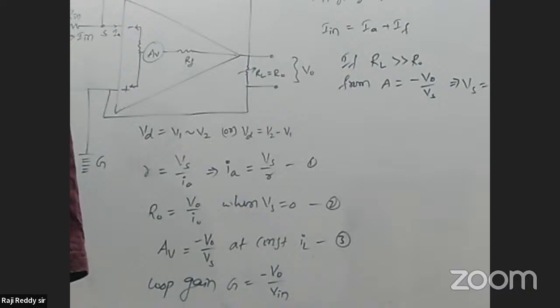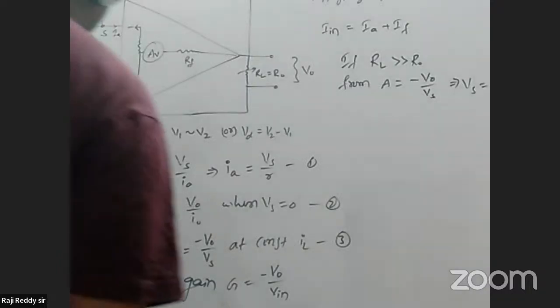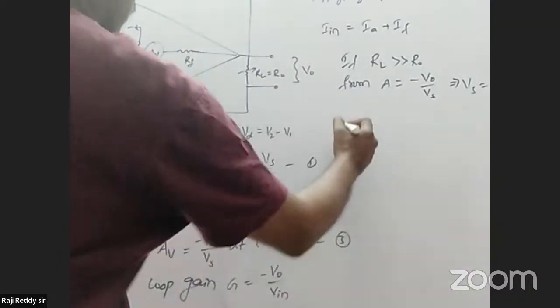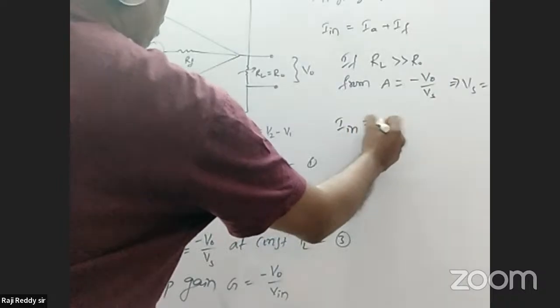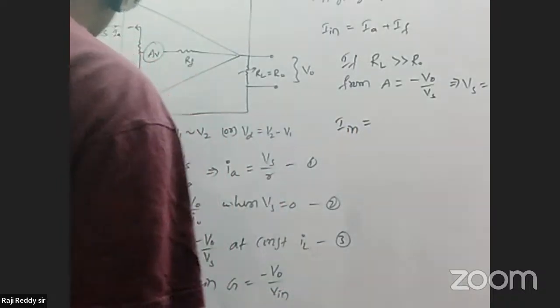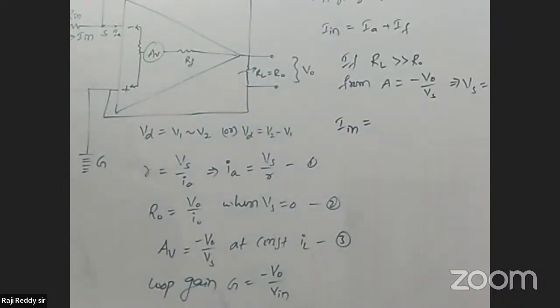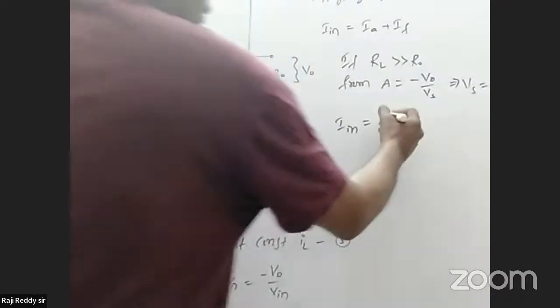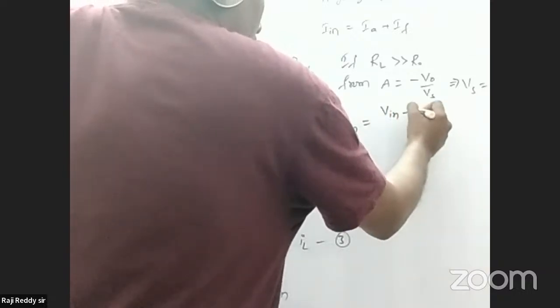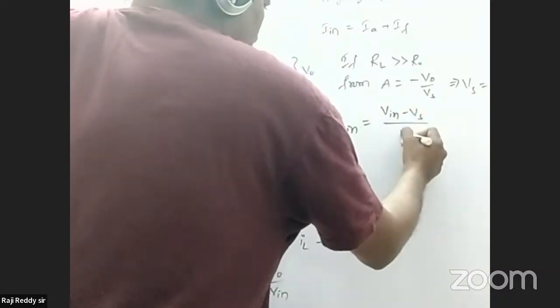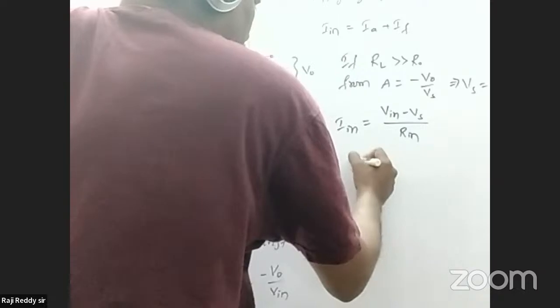I in is equal to input voltage minus the difference voltage, V in minus Vs by R in.